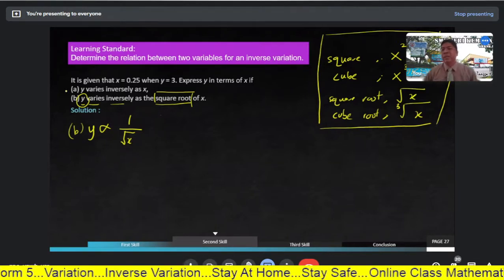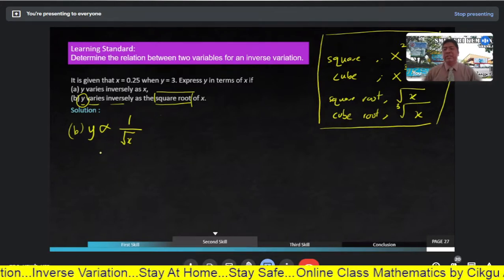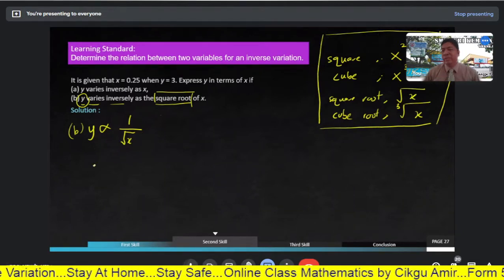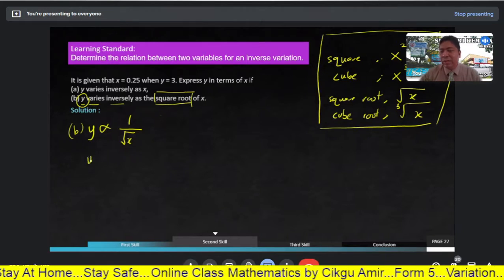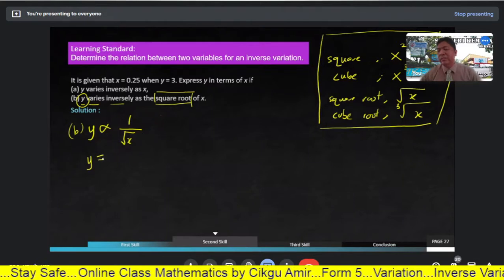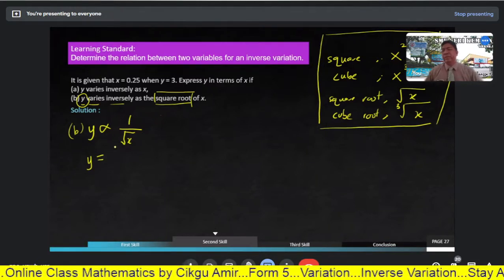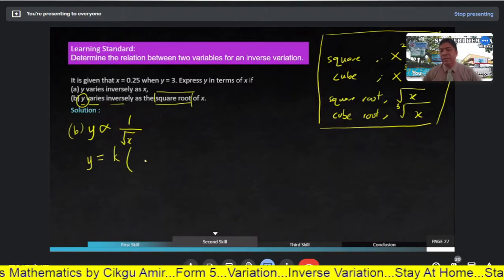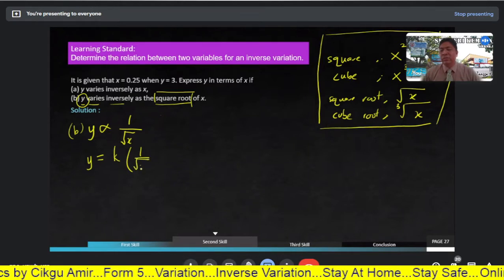Then for the variation relation, we change to equation form. In equation form, it will become y equal to k, put the letter k, then we have 1 over the square root of x.